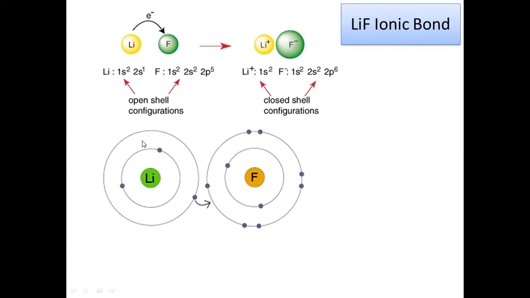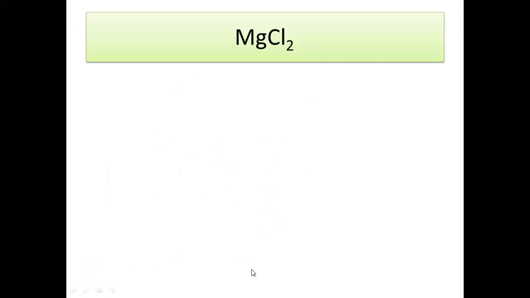That means lithium has also achieved its outermost configuration, and that is the formation of the ionic bond. Fluorine is going to receive one electron, that's why it becomes electronegative, and similarly the other atom becomes electropositive, as it donates the electron. This is the ionic bond formation between lithium and fluorine.